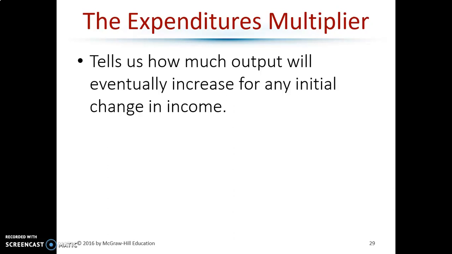Now, it seems like this should go on all the way to infinity. But it doesn't. And the reason it doesn't is because, remember, we don't spend all of our income. We do save some of it. Remember, we're living here in the short run. So extra income is spent, but some of it is saved.